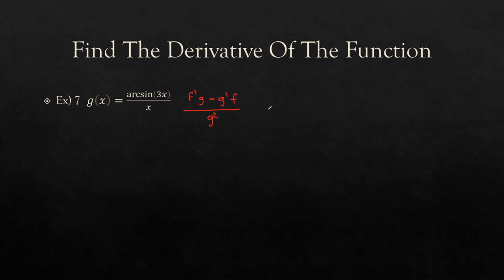Okay, and then what else do we know? We also need to know the derivative of regular arc sin of x. So let me write that out. It equals u prime over square root of 1 minus u squared.